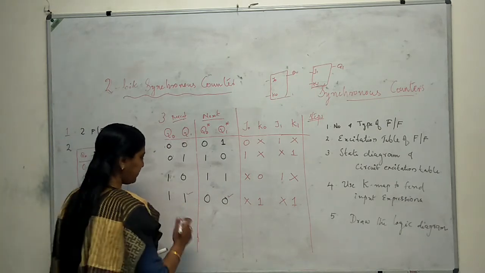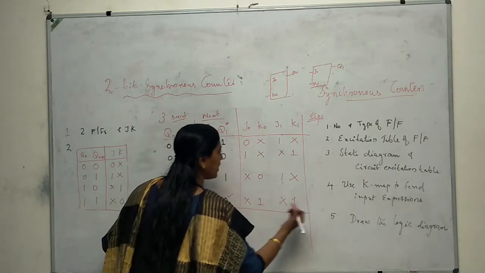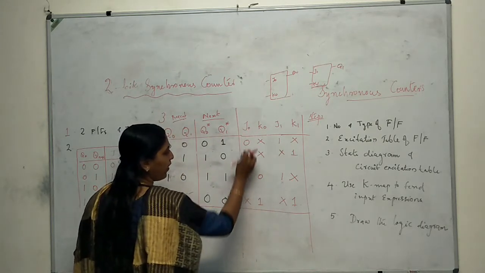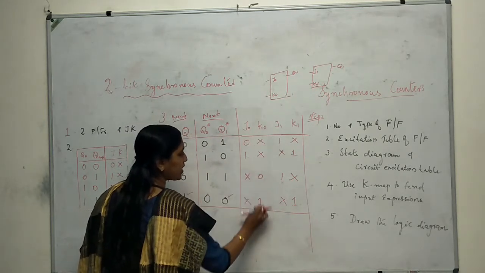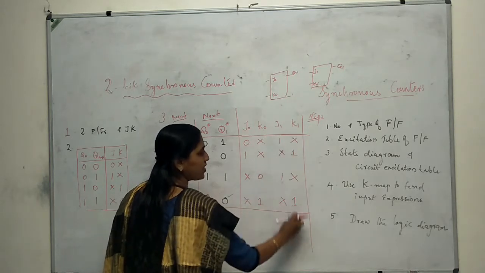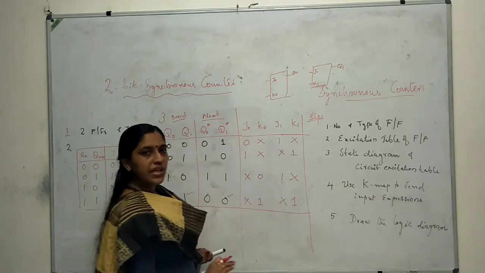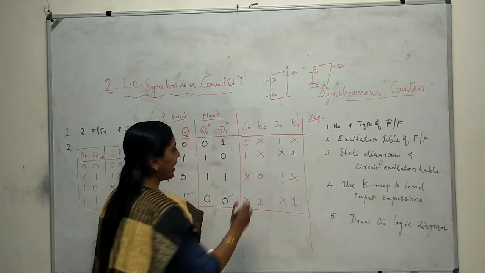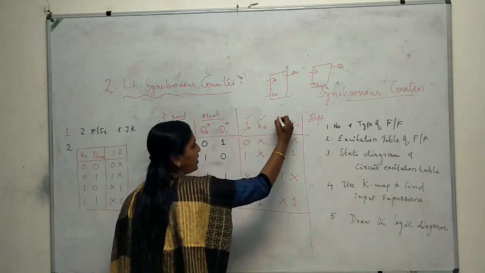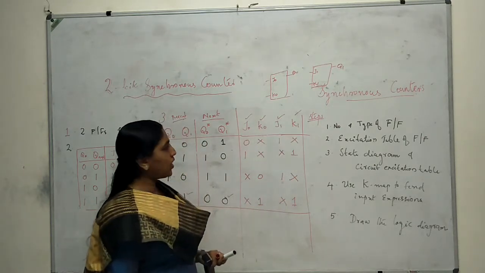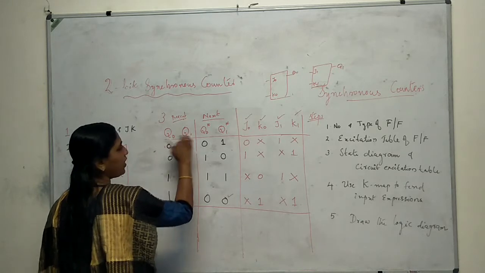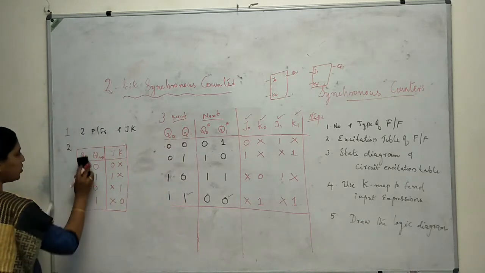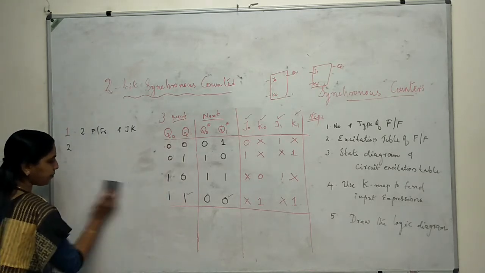And now, with this, I will try to find out what is J0, what is K0, what is J1 and what is K1. So from this, using K-map, I will find the expression for J0, K0, J1 and K1. What are the inputs? Inputs are Q0 and Q1. So I am going to wrap this excitation table.